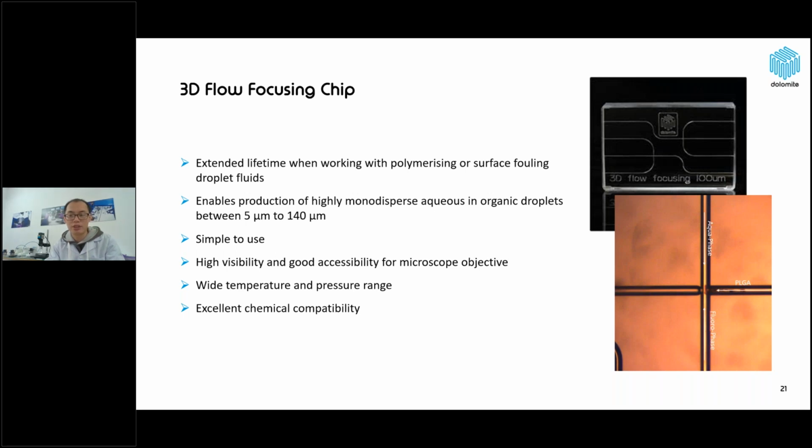The unique pore structure on the outlets of the droplet forming junction creates a 3D sheath flow in the droplet pinch-off region. This flow pattern is especially useful when handling viscous droplet fluids, which are otherwise liable to foul the junction surface. This feature allows longer droplet production time, and it can extend the chip life.